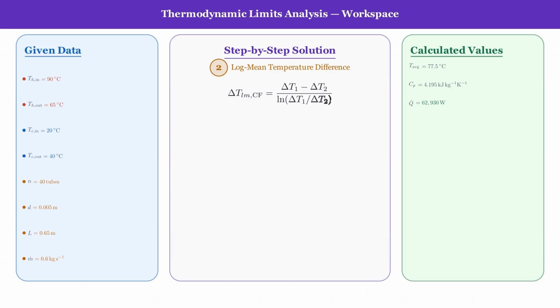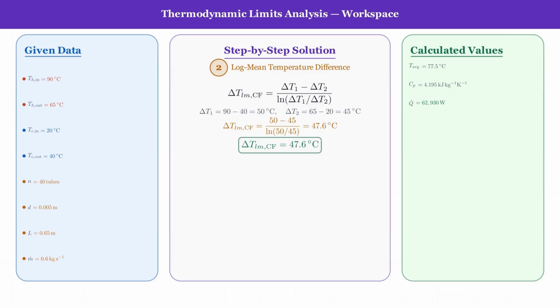The formula is delta T LMCF equals the quantity delta T1 minus delta T2 divided by the natural logarithm of delta T1 over delta T2. Here, the subscript CF reminds us that the terminal differences are defined using the counterflow convention, which is standard practice before applying the correction factor F.